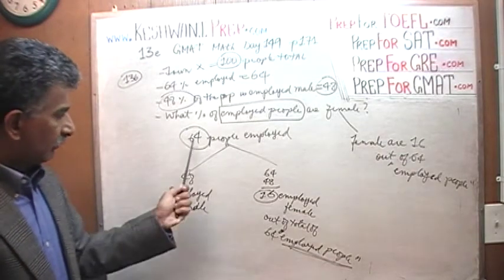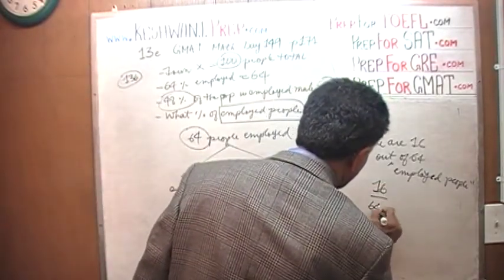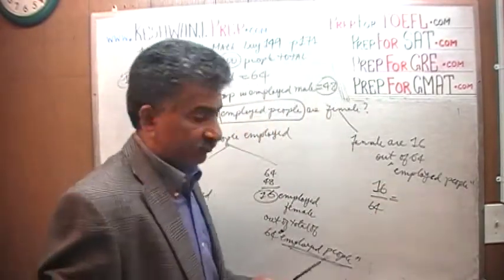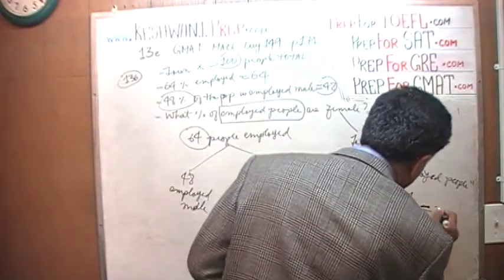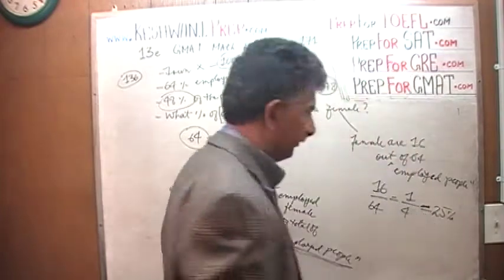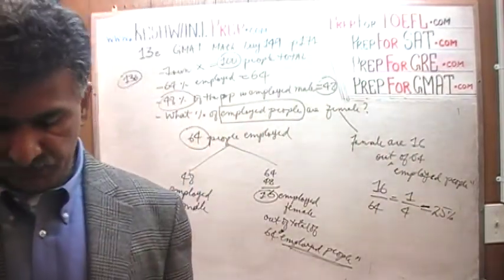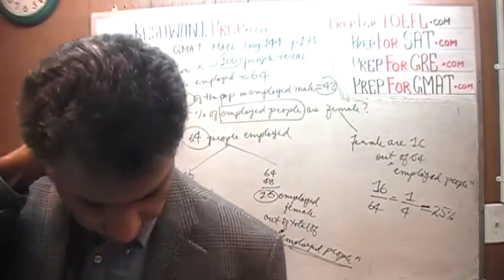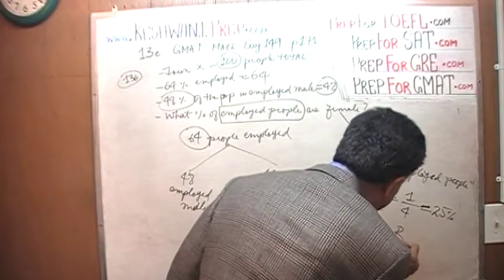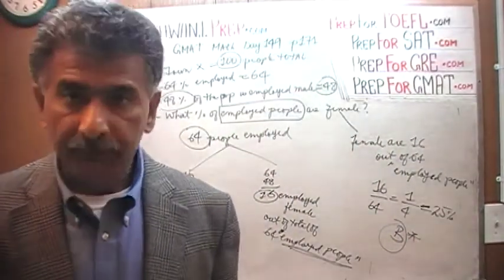So it's just 16 out of 64, that's all. 16 times 4 is 64, so it's just 1/4, which of course is 25%. I was about to say approximately 25%, but that's silly. It is exactly 25%. The answer is B.